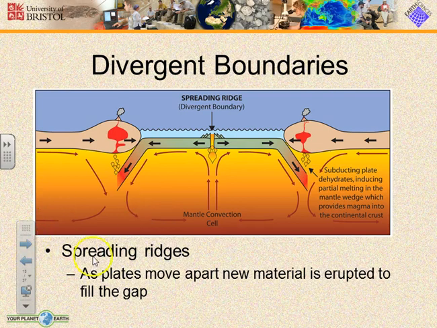And I like this. It says spreading ridges. As plates move apart, new material is erupted to fill the gap. Also, I want you to quickly glance and look at what's happening between this oceanic plate and this continental plate right here.